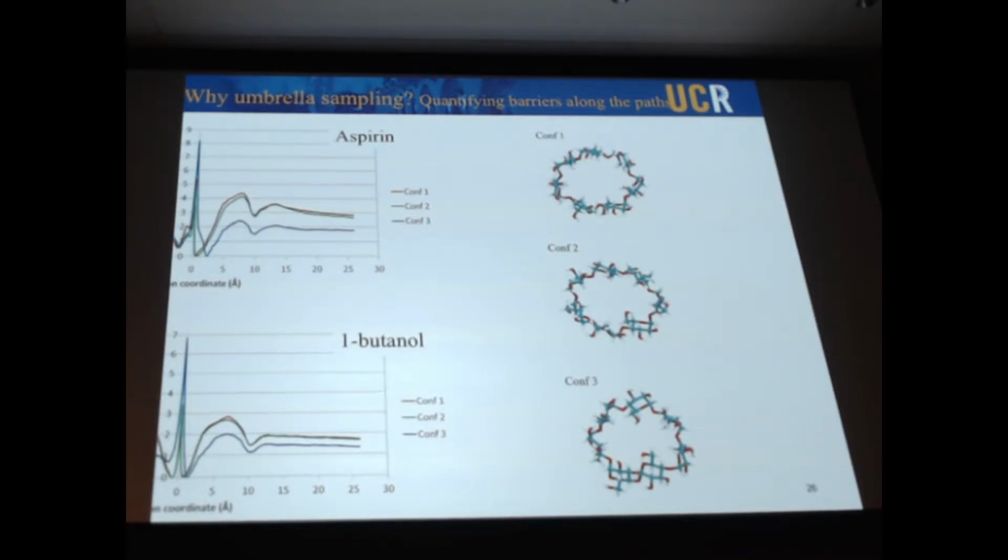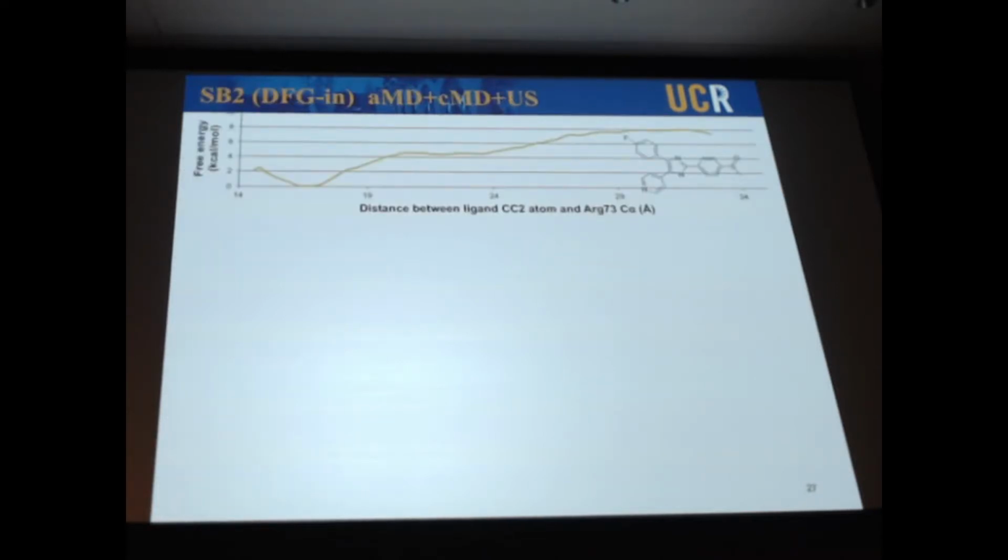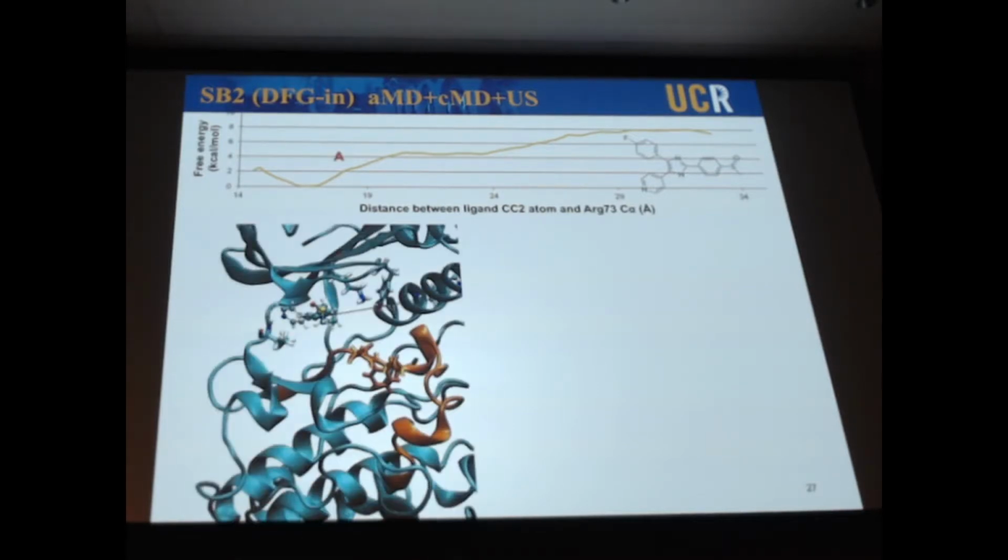It gives you guidance on what's there and where to look. We use this for larger systems. Although it's not accurate for barrier height, by checking the barrier and what's going on, you can get ideas.